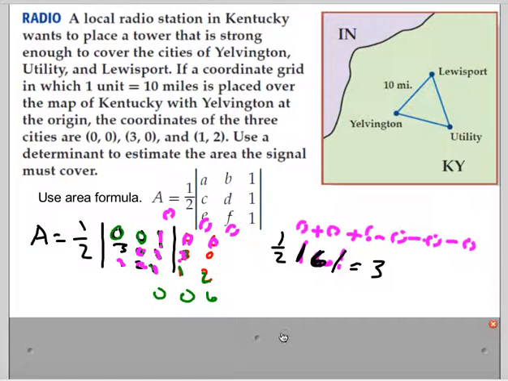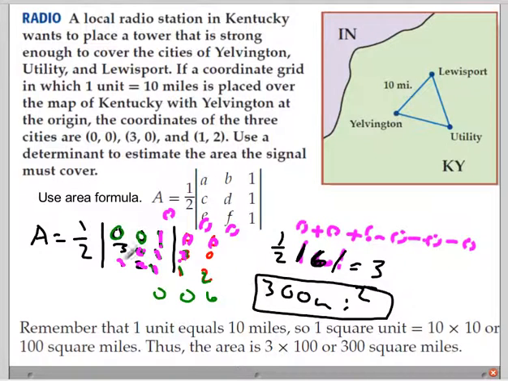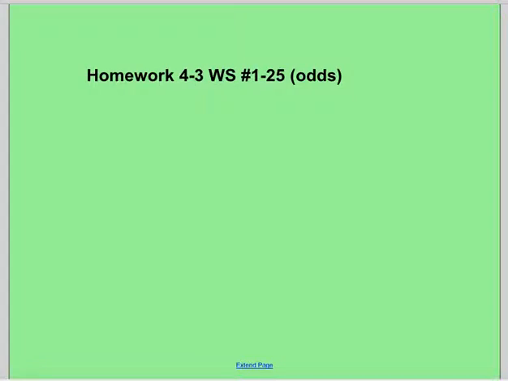But in the problem, 1 unit equals 10 miles, so 1 square mile is 10 by 10, which is 100. So this has to be 3 times 100, which is 300 square miles. So 300 square miles should be our solution. Kind of a trick question there.